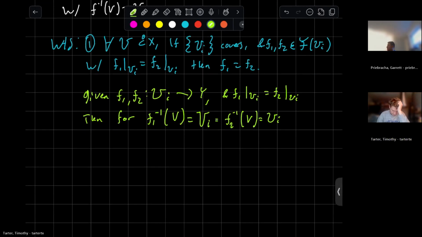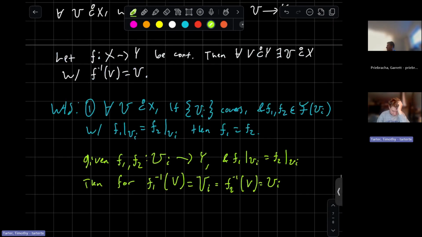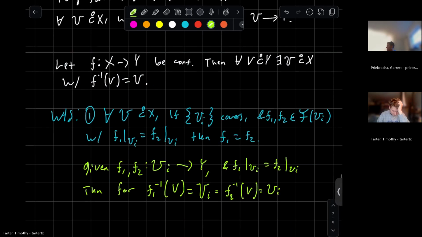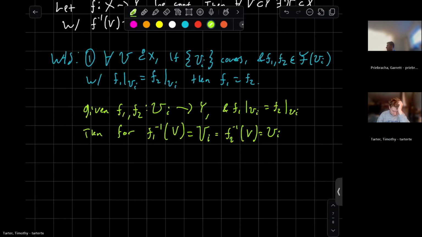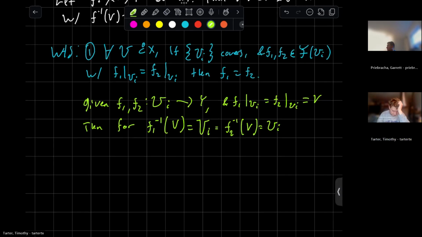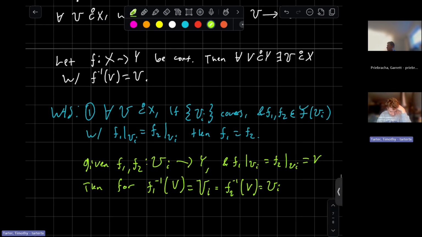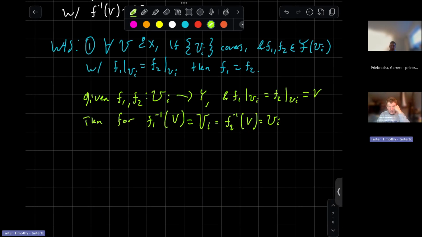I guess we should call that V. This doesn't feel like something that's true, which makes me wonder if I'm interpreting the problem wrong.